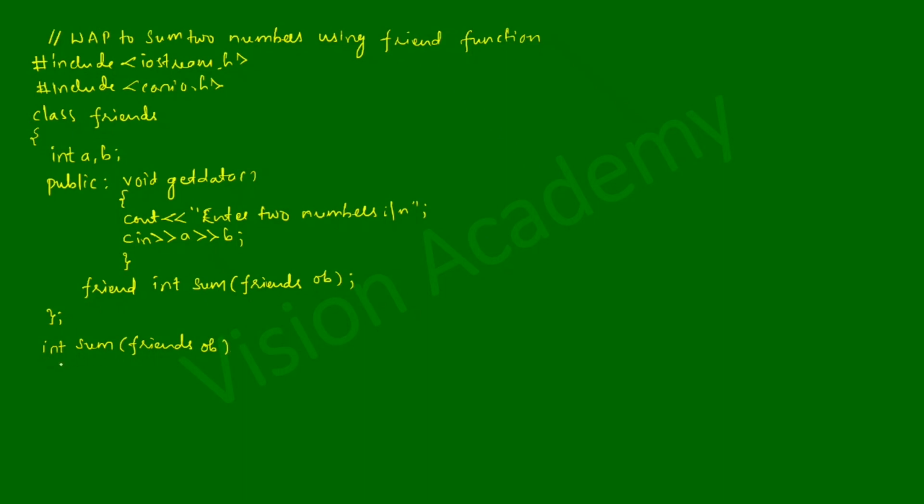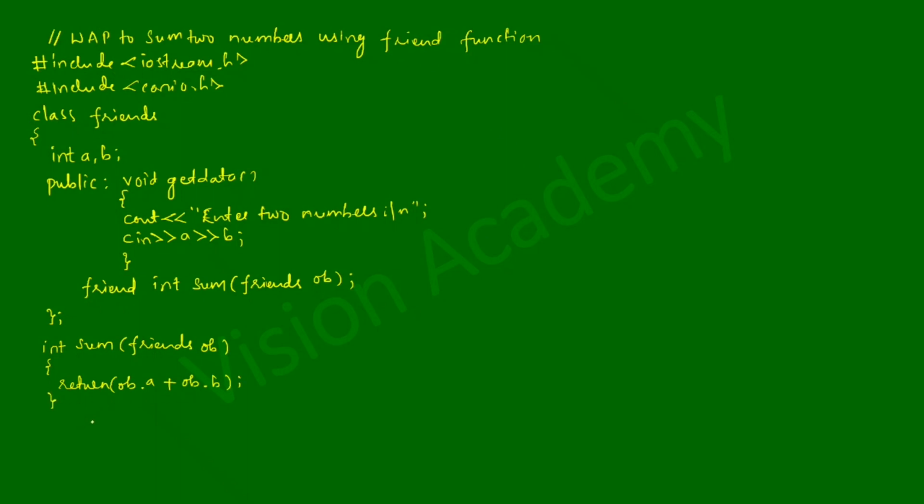Here we should not put any semicolon because it is a function definition. Curly open brace, and now I'm going to write return because it is going to return integer type of data. Return, and I'm going to use this object dot the member of the class is a. I want to perform sum, right? So I'll write plus ob dot b and put semicolon, curly closing brace.